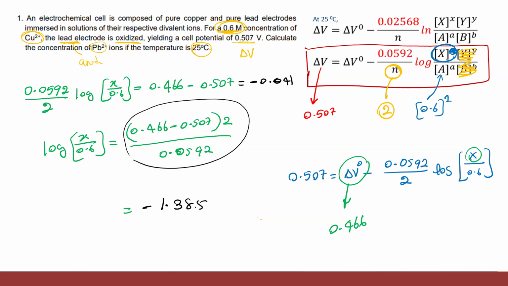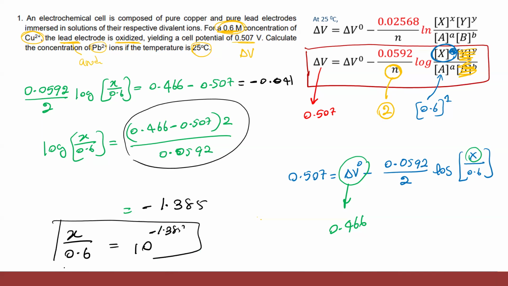How do we take the log inverse now? So x over 0.6 will be equal to 10 to the power. Log means base 10, isn't it? If you use ln, that will be e to the power. So you have this now, and you can make the x the subject. x is equal to 0.6 times 10 to the power of negative 1.385.